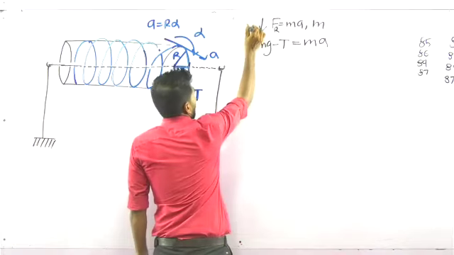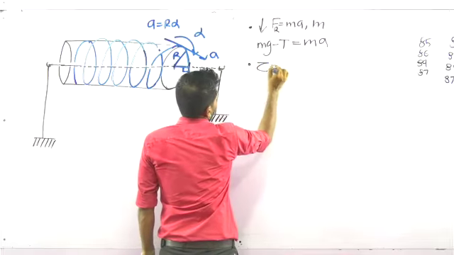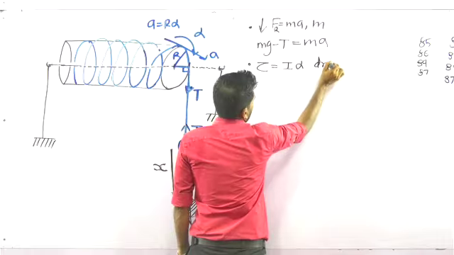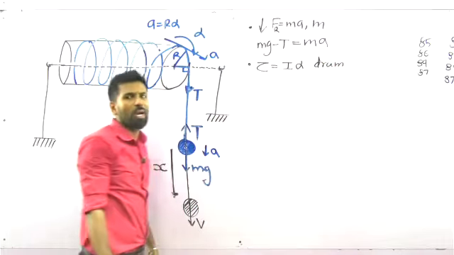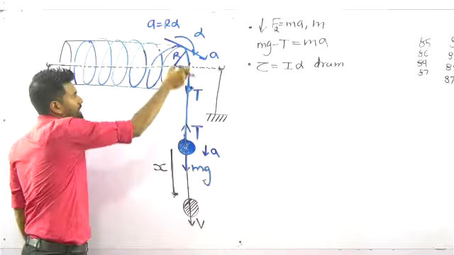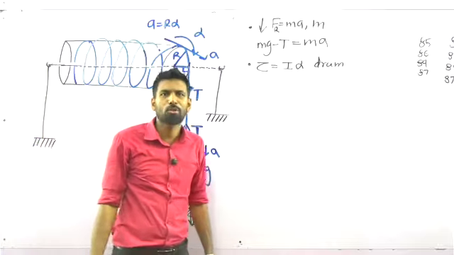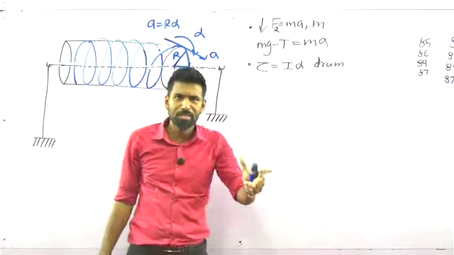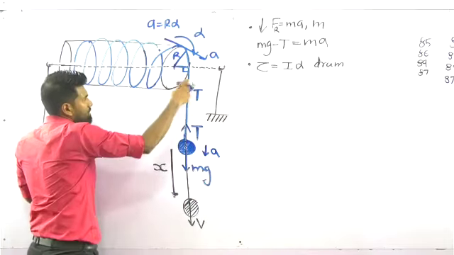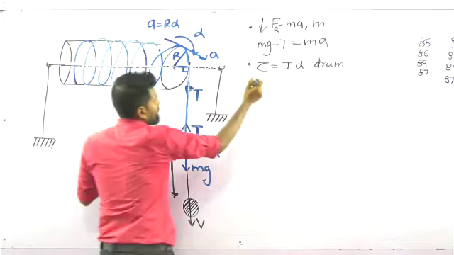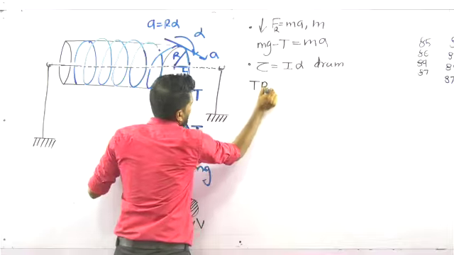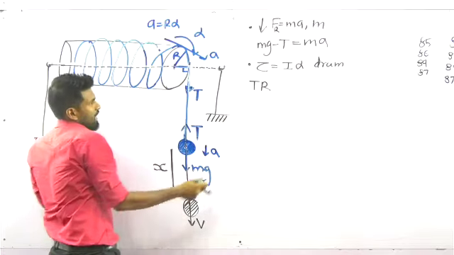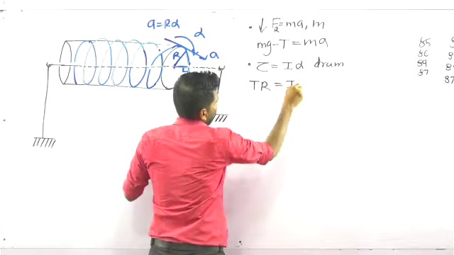Now I'm applying tau equals I alpha for the drum. According to my picture, the drum has a clockwise rotational motion. The moment that rotates the drum is tension times R, so T R equals I alpha.